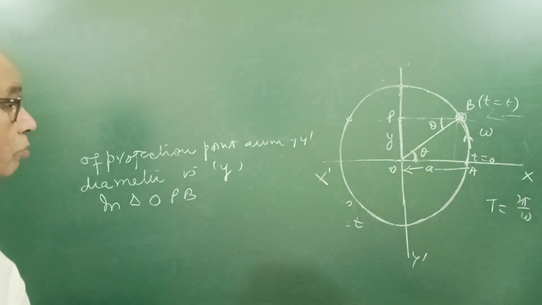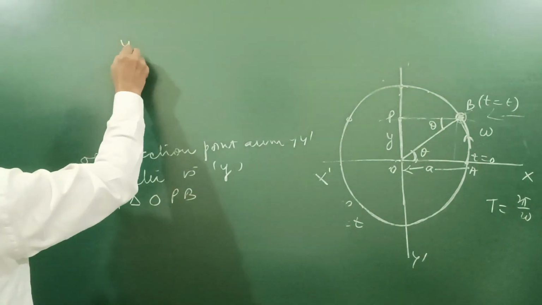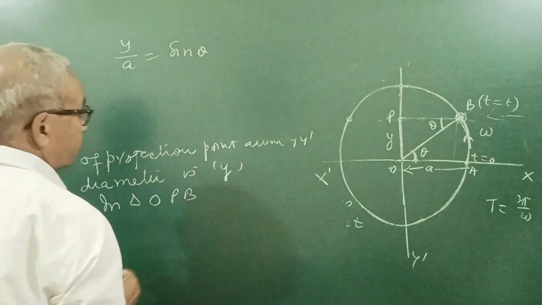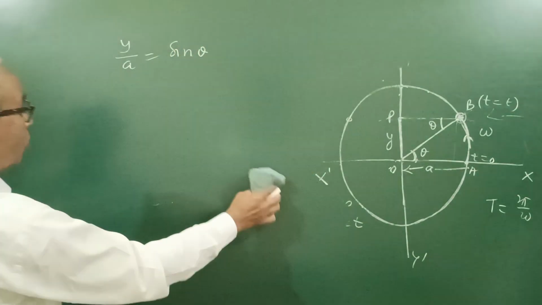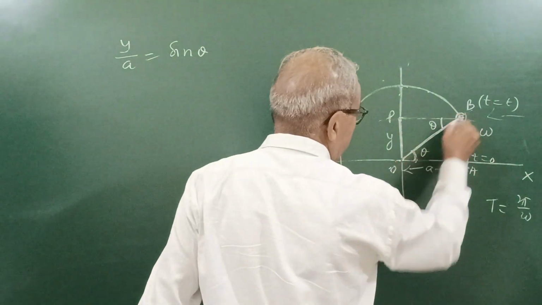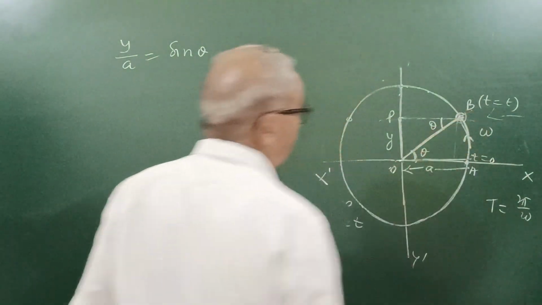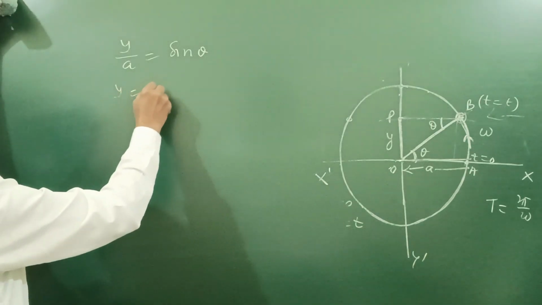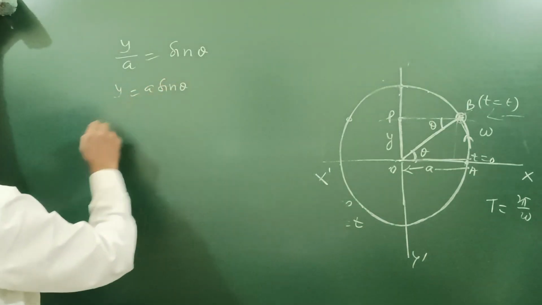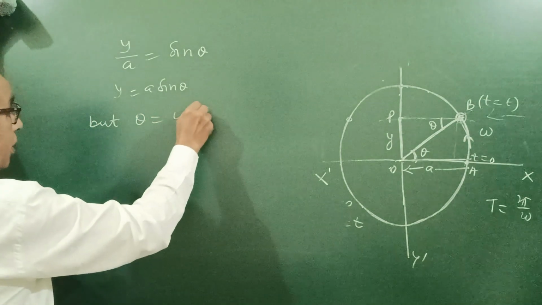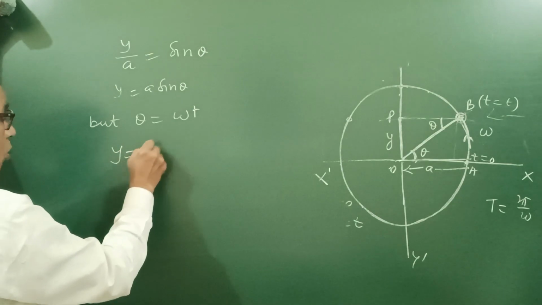So from trigonometry, y upon A is equal to sin theta. Here A is the radius, which is equal to the hypotenuse, so y equal to A sin theta. But theta equal to omega t, therefore y equal to A sin omega t.